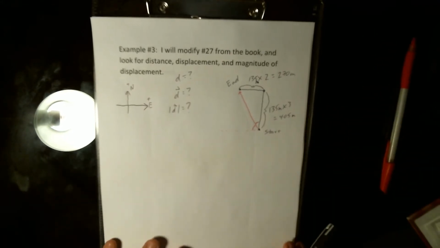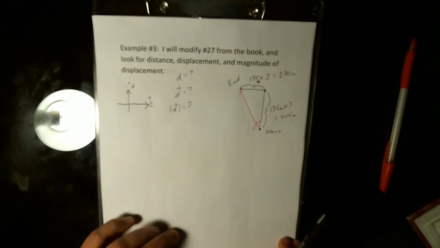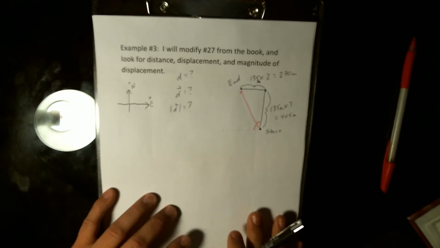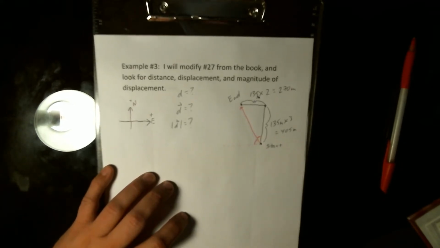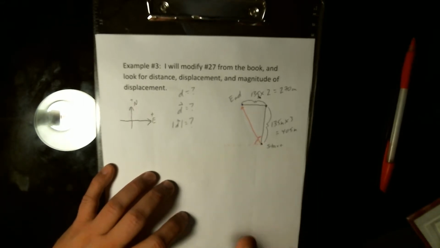Before we move further, I'm going to write a little note up here. Please check your calculator's mode. There's a button on your calculator that says MODE if you have a Texas Instrument. If you have a Casio, I have no idea how you find it, but you find it some way. You need to check your mode and make sure that your calculator's mode is in degrees, not radians.